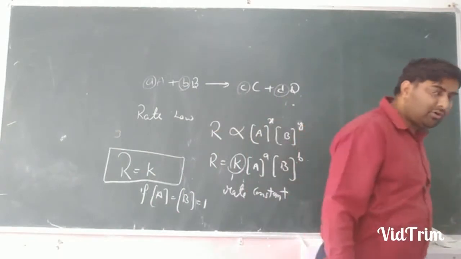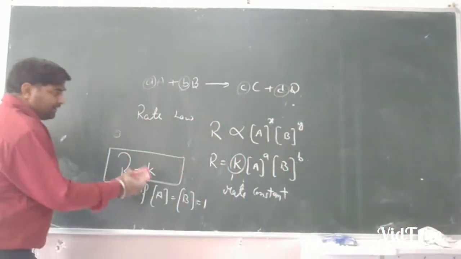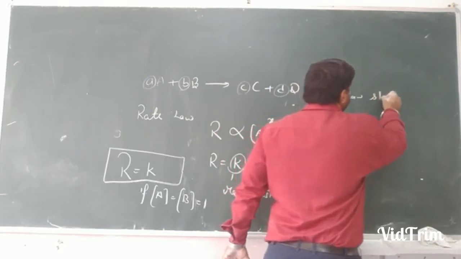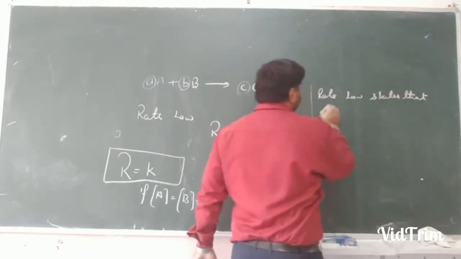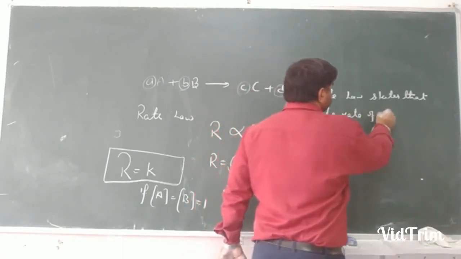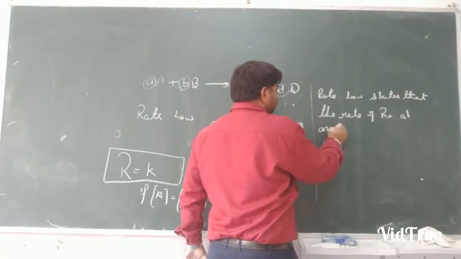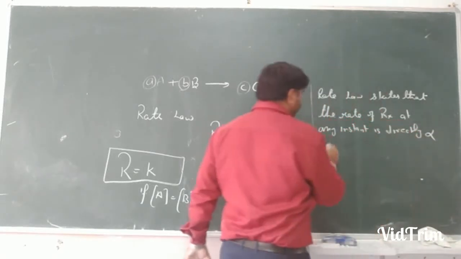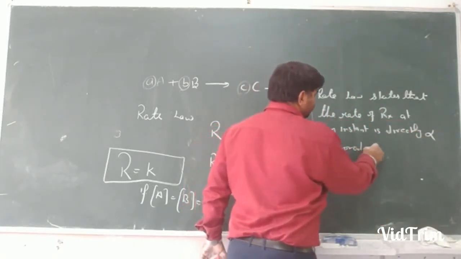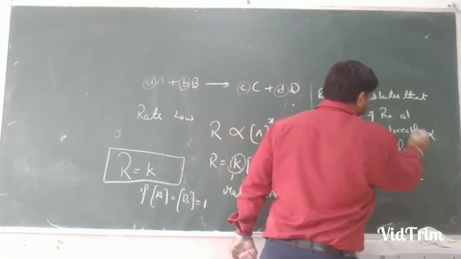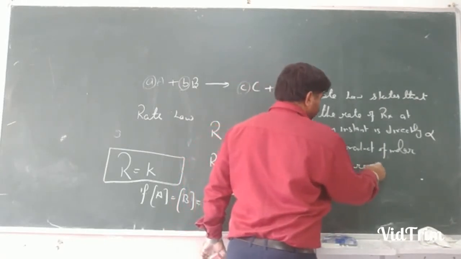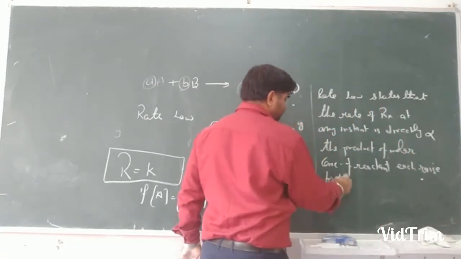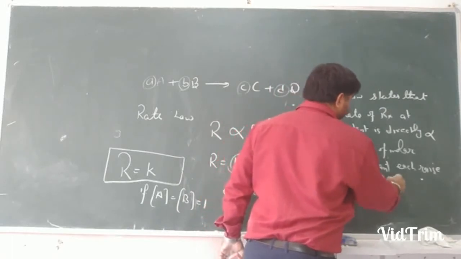So when we talk about the definition, here we write: rate law states that the rate of reaction at any instant is directly proportional to the product of the molar concentration of reactants, each raised to the power of active masses.